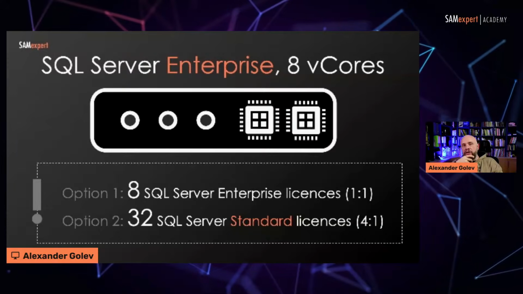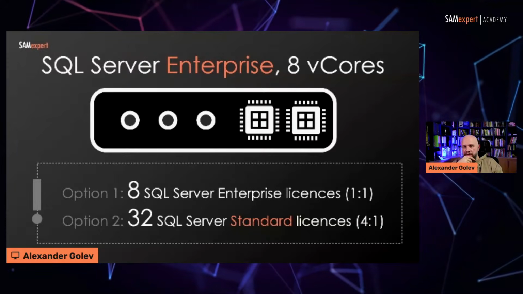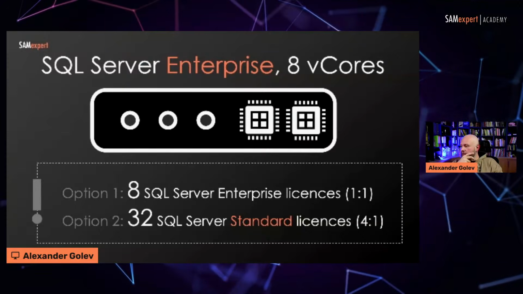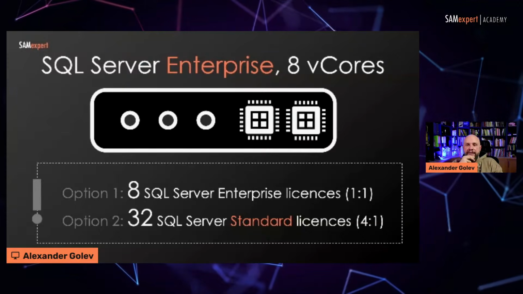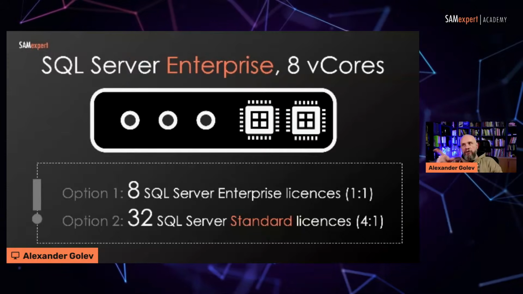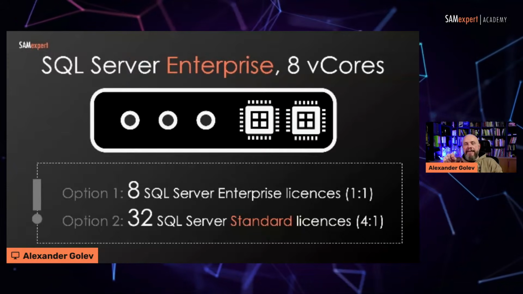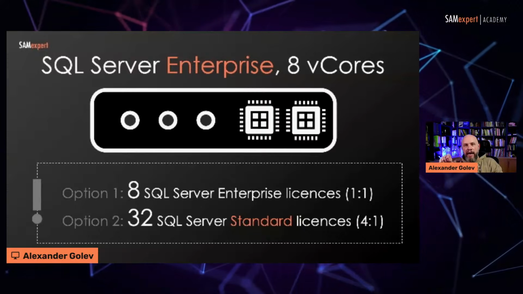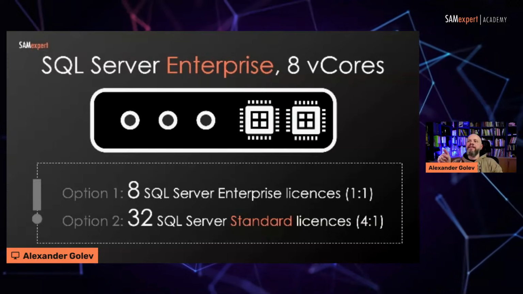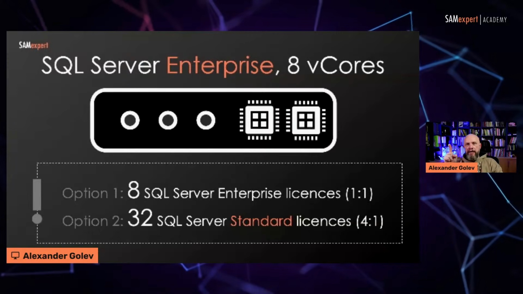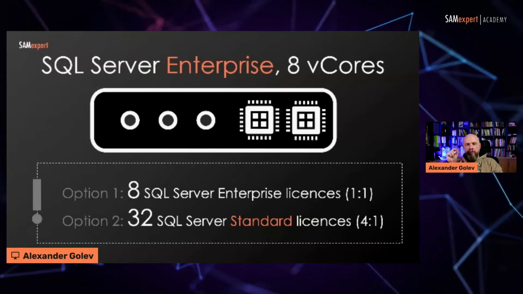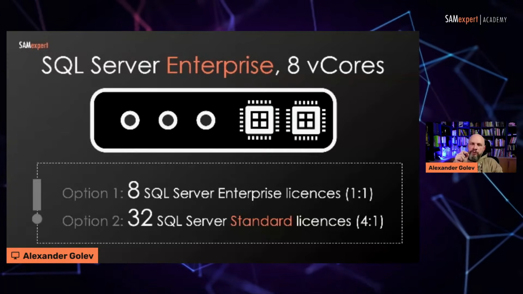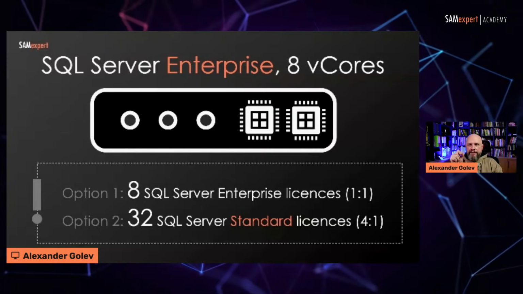But what if you don't have SQL Server Enterprise licenses, but you have lots of unused SQL Server standard licenses with software assurance or on a CSP subscription? In that case, you multiply the required number of licenses by 4, and you may license this virtual machine in Azure using Azure Hybrid Use Benefit rights with 32 SQL Server standard licenses.